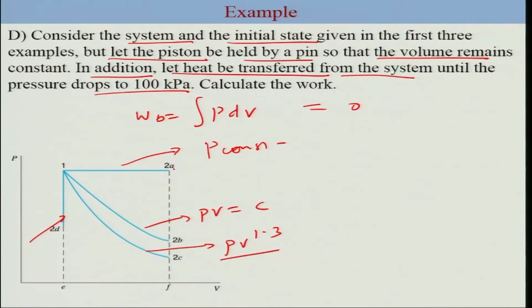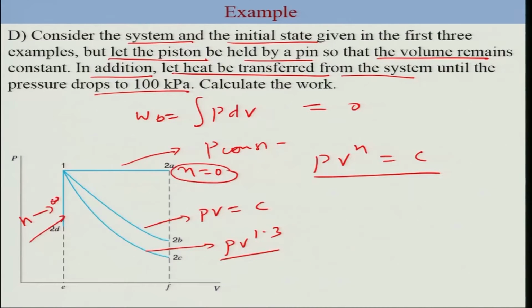If you look at the PV^n constant process, this was the case where n was 0, this was the case where n is equal to 1, and this was the case where n approaches infinity. So you can clearly see how the work varies depending on the variable n here for the polytropic process.